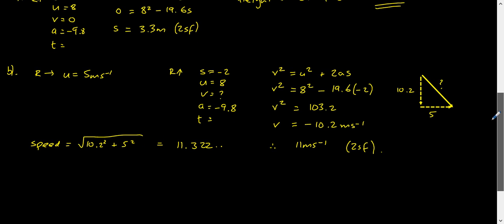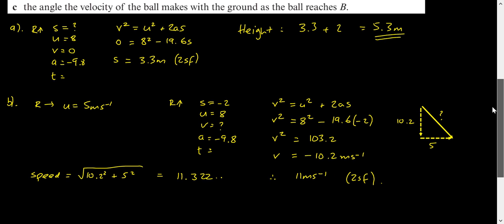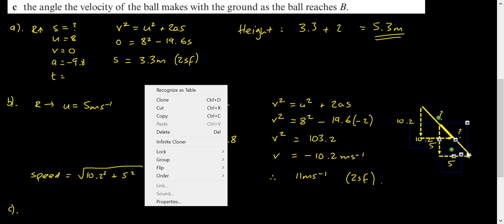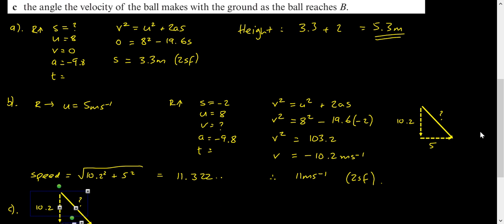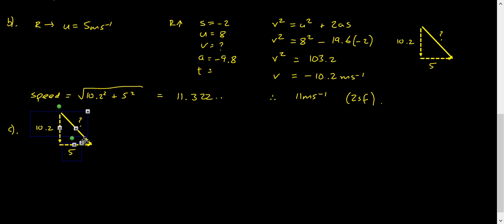So now for part C, we're being asked the angle the velocity of the ball makes with the ground as it reaches B. Well, to find the angle, we're interested in this little right-angled triangle again. Let's bring it down to play over here. Because this represents our speed.